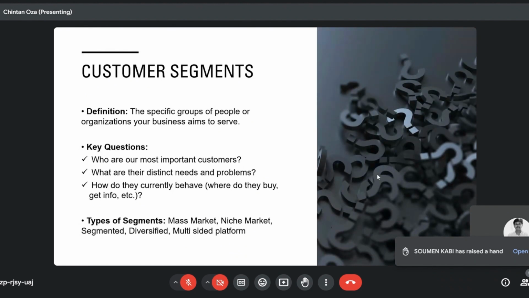Understand who are our most important customers, what are their distinct needs and problems. List down their problems, understand their pain, their challenges. One of the ways to do this is to ask them.